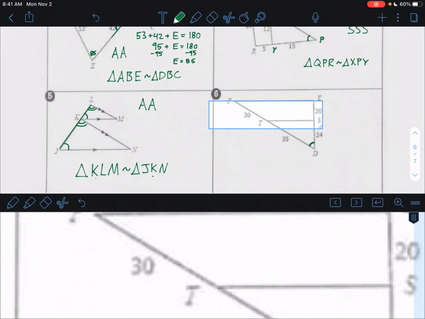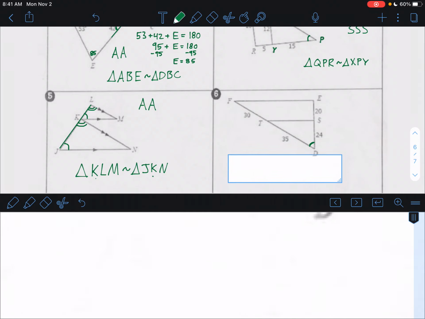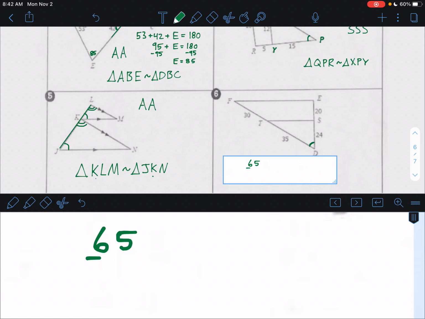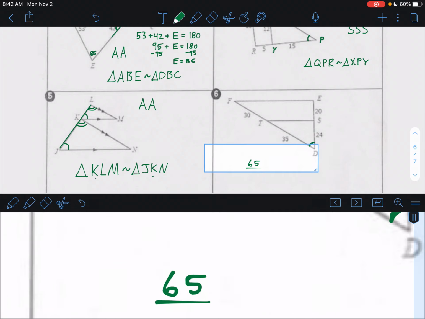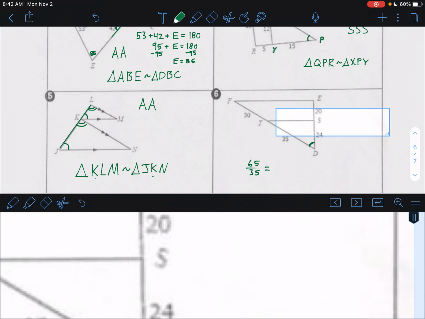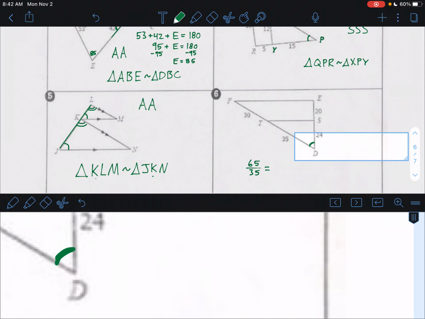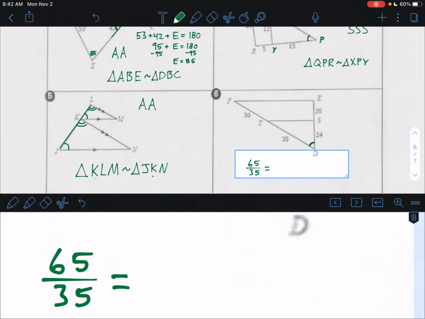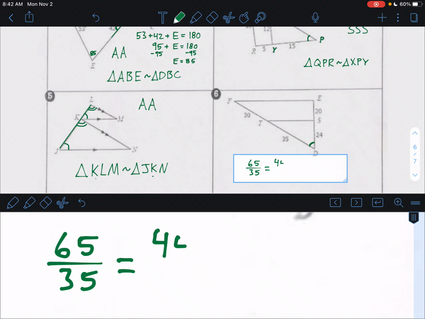So let's see. My big triangle, this FD is not just 30, it's 30 plus 35. So that would be 65 over TD, which is 35. And that should be equal to ED, which is not 20, it's 20 plus 24. So that should be equal to 44 over, and then SD is 24.